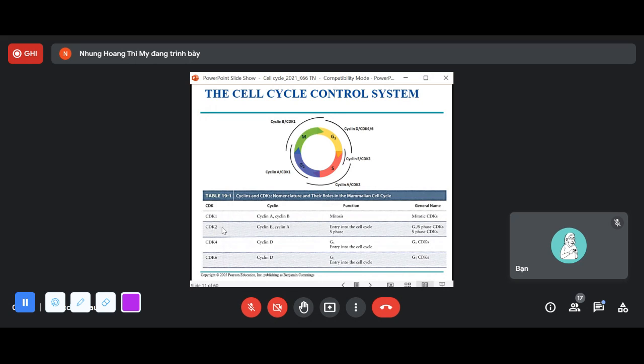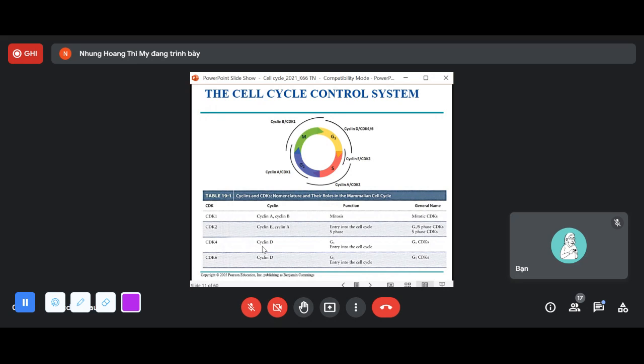CDK2 binds to cyclin E and cyclin A, and together this complex controls the cell's entry into the S phase of the cell cycle. That is why they are called G1/S phase CDKs or S phase CDKs.